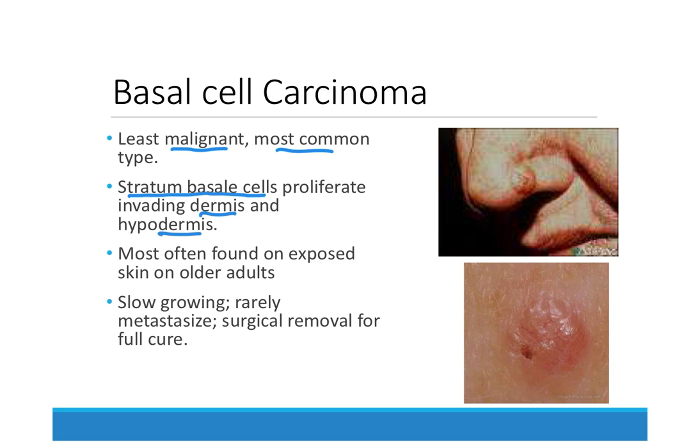They are usually found on exposed skin on older adults, probably caused by just long-term exposure to ultraviolet radiation. And they are, as I said, not particularly malignant. They're slow in growth. They tend not to metastasize, to move around and create tumors in other parts of the body, and are very easy to remove surgically to give you a full cure.